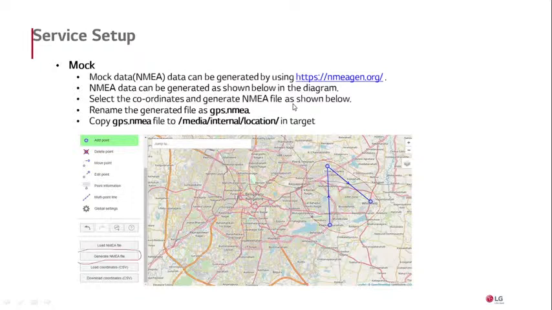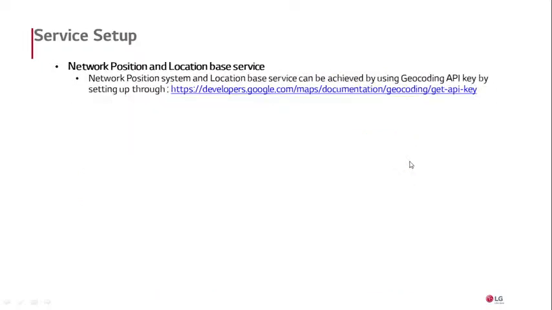Select the coordinates and generate the NMEA file. Copy the GPS NMEA file to /media/internal/location in the target. Before using it, we have to rename it from the random file name to gps.nmea.